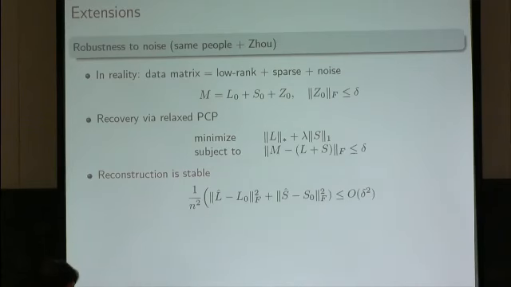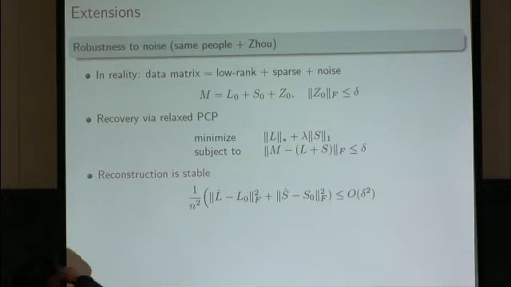Of course you can say in real life this is not a very valid model, because you're not exactly low rank plus sparse, you're low rank plus sparse plus small noise. It would be a shame if the theory were to collapse because you could not deal with a small amount of noise, but of course you can.